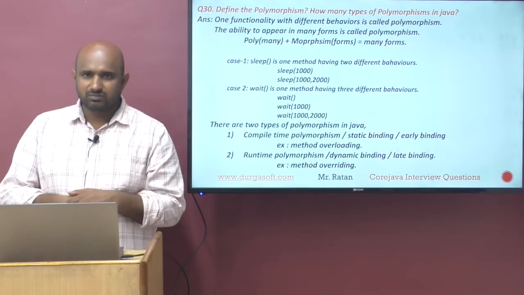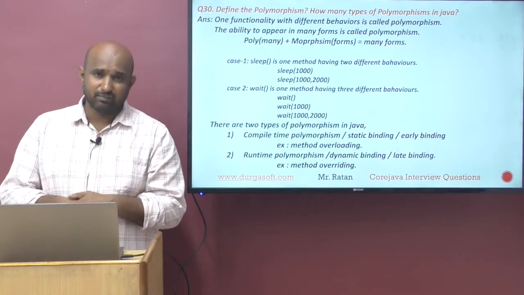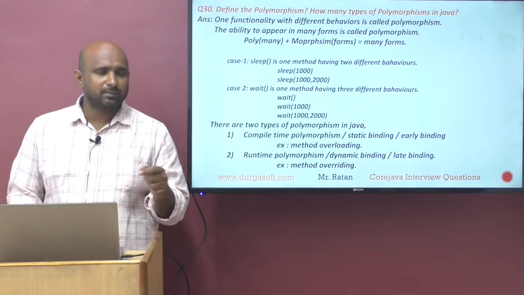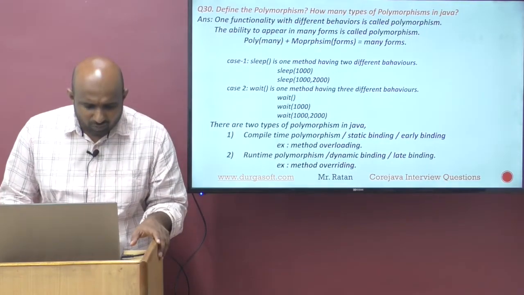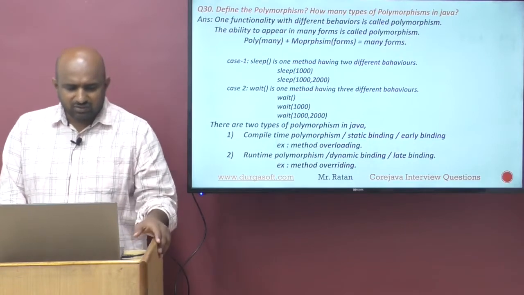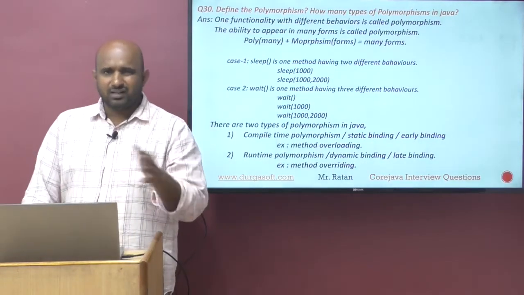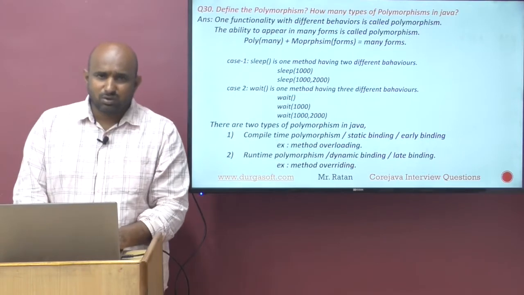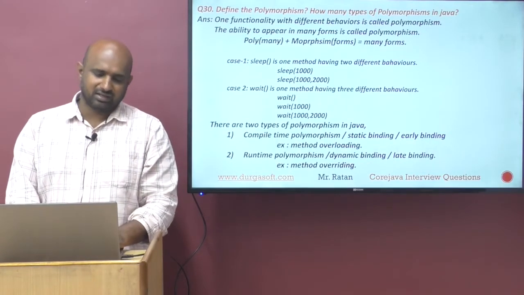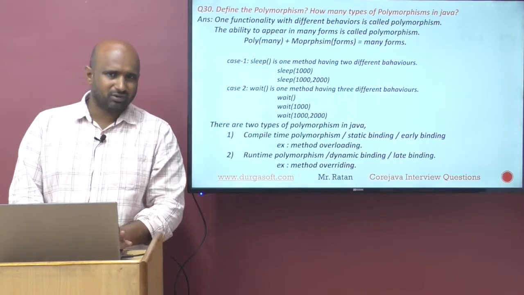Runtime polymorphism is dynamic binding, or late binding. The best example of compile time polymorphism is method overloading, and of runtime polymorphism is method overriding. In the next interview questions, we will talk about overloading and overriding.